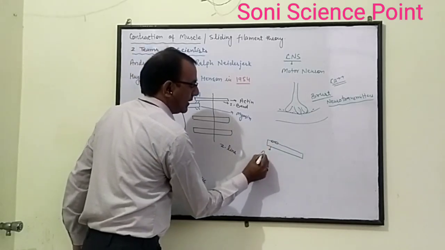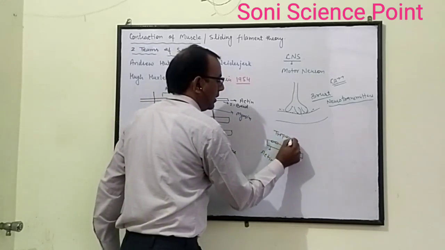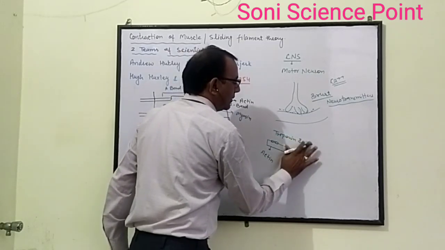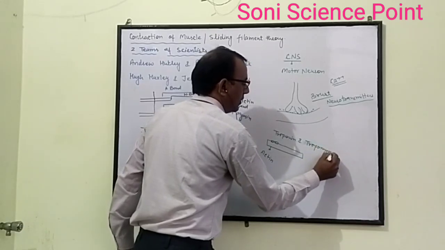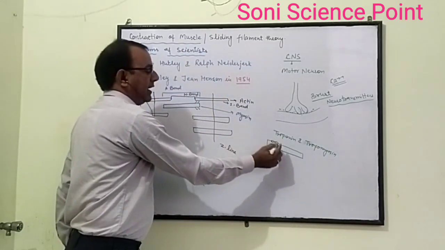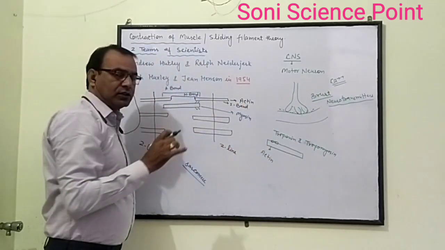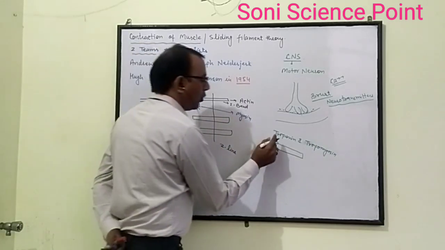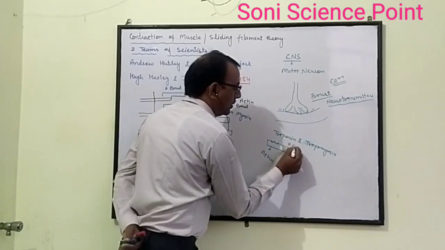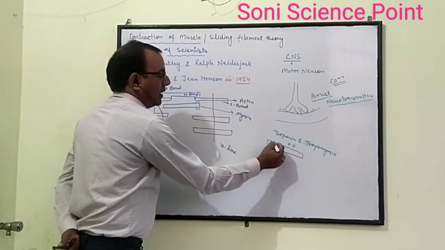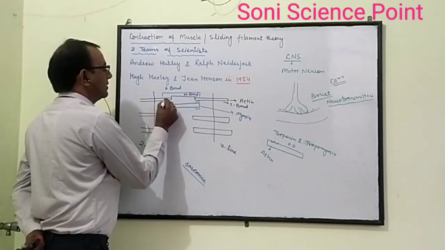This one is the actin. Here is troponin and tropomyosin, attached to the actin. As calcium ions come here and the calcium concentration increases, troponin and tropomyosin are removed from here, and the space remains open.